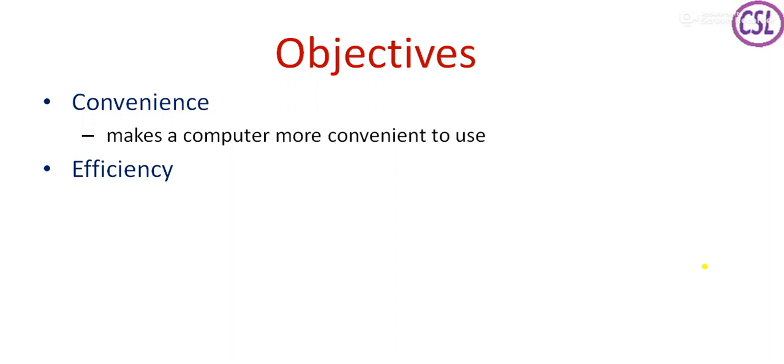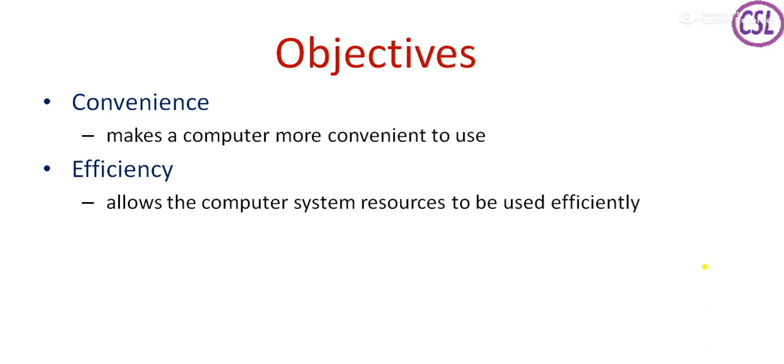So if any job is done by the operating system with less time and less memory, we can call it efficiency. Not only the time and space, but also different system resources. But the important resources for a computer are time and memory.